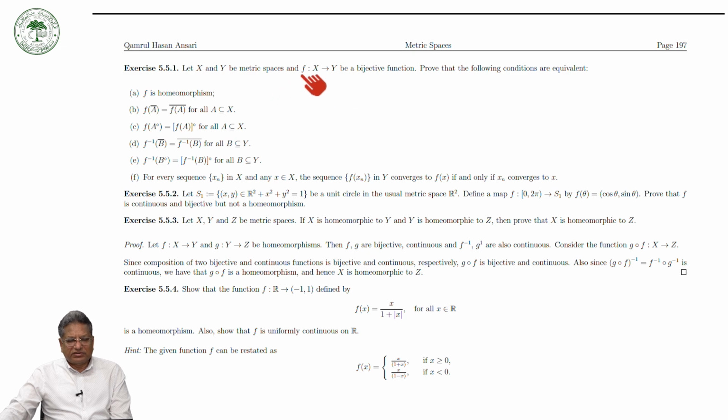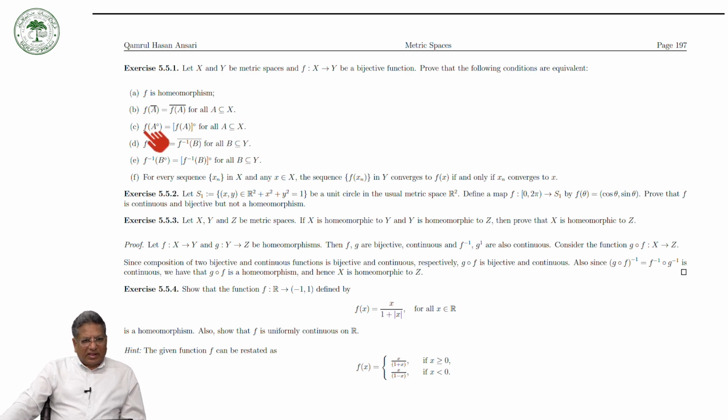Suppose f is a bijective function from a metric space X to Y, then the following are characterizations for a homeomorphism. f is a homeomorphism is equivalent to: the image of the closure of A is equal to the closure of f of A for all subsets A of X; the image of the interior of A is equal to the interior of f of A; the inverse image of the closure of B is equal to the closure of f inverse of B, and f inverse of the interior of B is equal to the interior of f inverse of B; and for every sequence xn in X and every point x in X, f of xn converges to f of x if and only if xn converges to x.